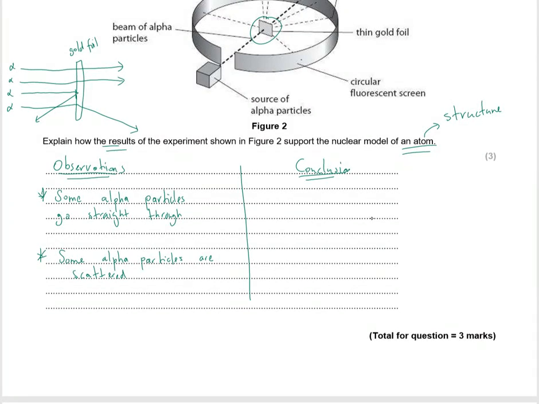Now, what did this mean? We need to get the last mark. The first observation shows that the atom is mainly empty space.